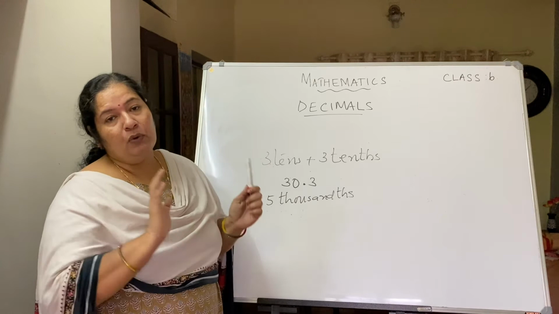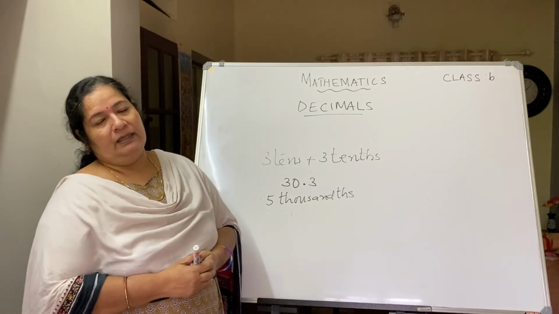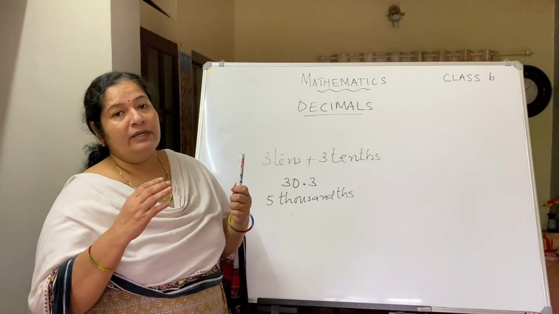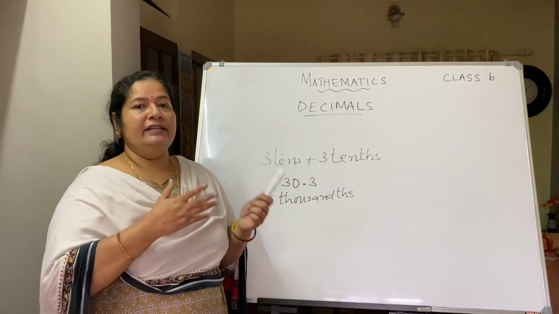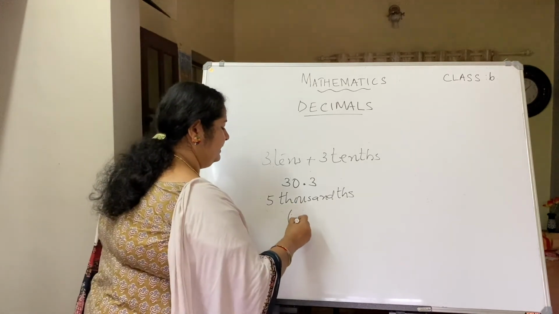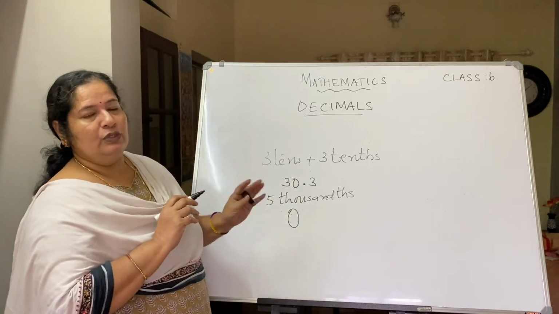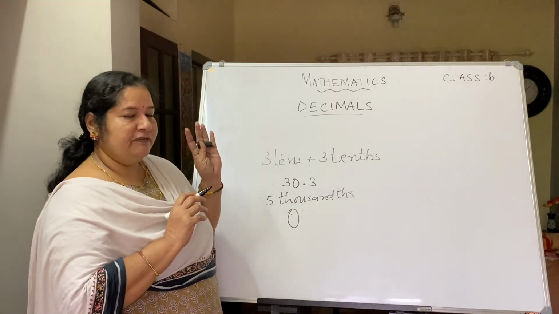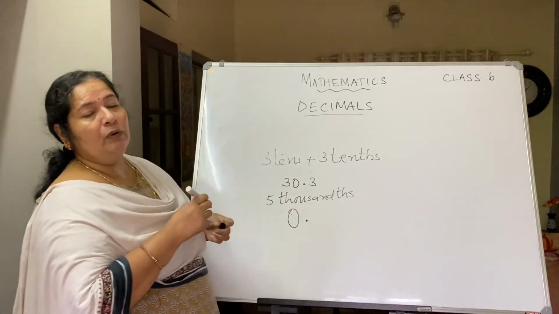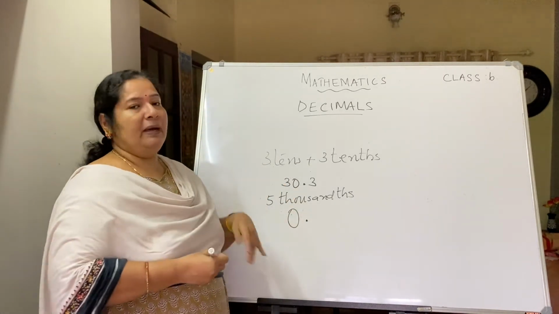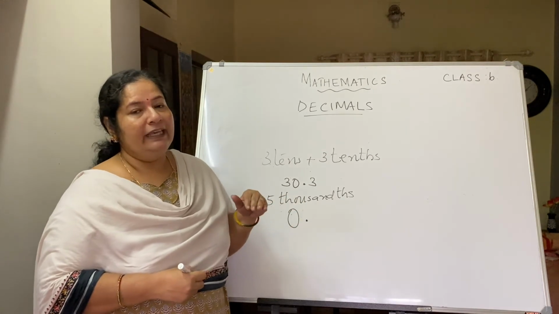Nothing is there in the whole number part. If there is no digit in the whole number part, please don't leave it as it is. You will put it as 0. So the whole number part has no digit, which means it is 0. Then put the decimal point. 0 point. Now the decimal part, what is given?